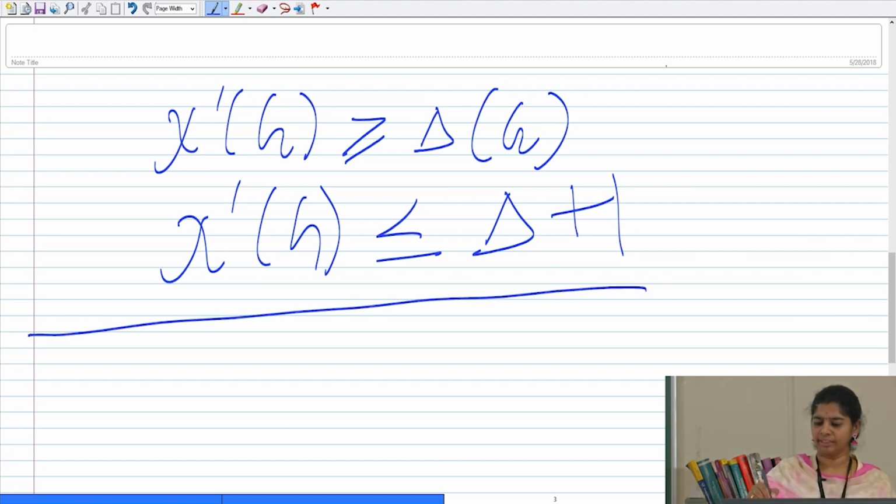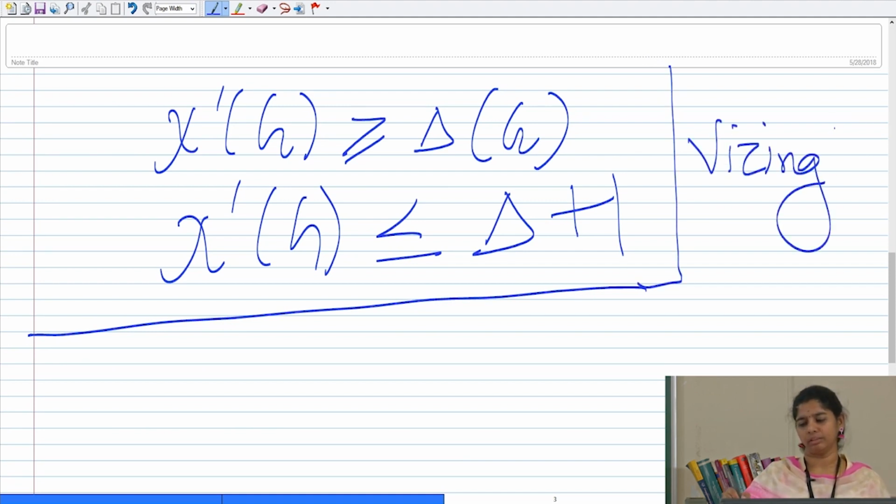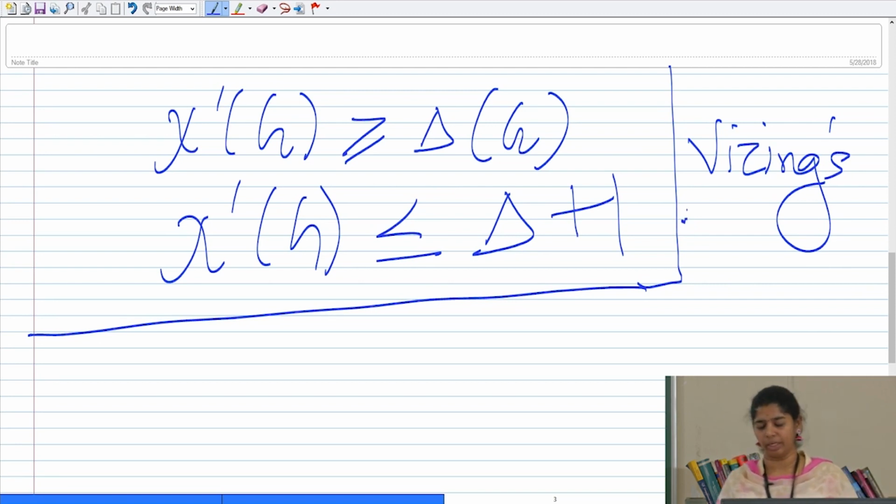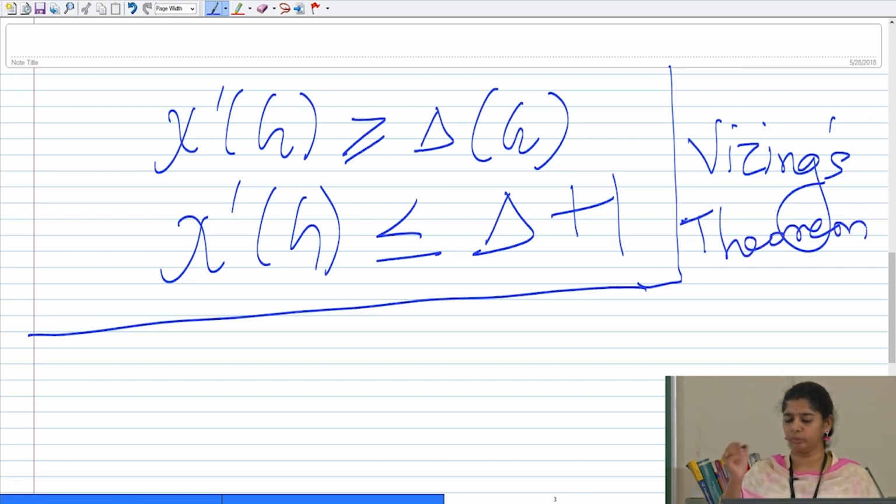Okay, this is Vizing's theorem. For the proof of this, I recommend you go and look into any graph theory book because the lower bound is easy to see, we have already observed it, but for the upper bound you need to dirty your hands, you need to go in for multiple cases, you have to split all possible cases and do it. So, if you are interested, I would suggest you could look into Bondy and Murty or even Diestel.